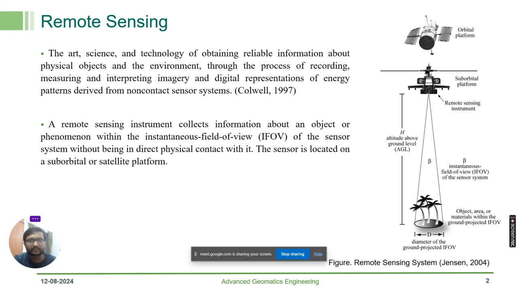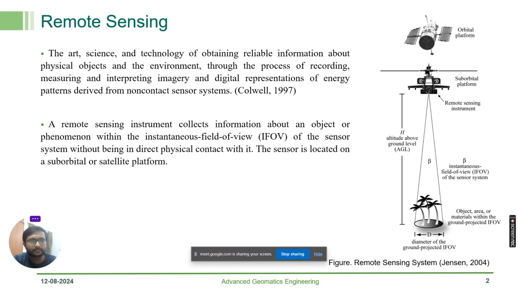That is not considered remote sensing because we are touching the particular object. The main idea behind remote sensing is that it is without being in touch with the object or the phenomena.